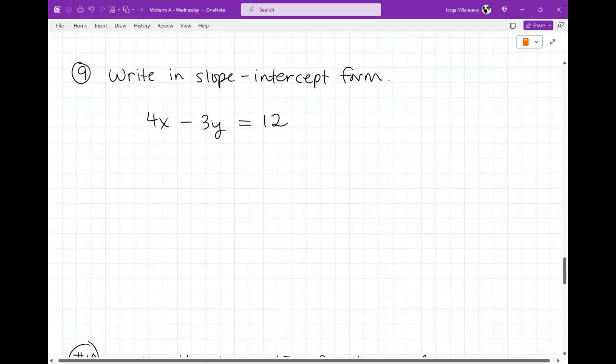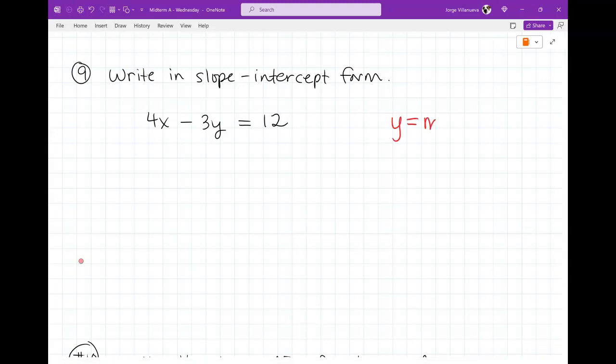All right, this one's supposed to be easy. Write it in slope-intercept form. Remember slope-intercept form, y equals mx plus b, which basically means just solve it for y.